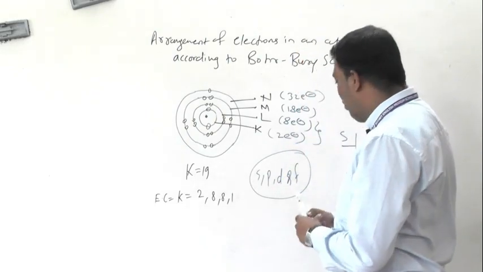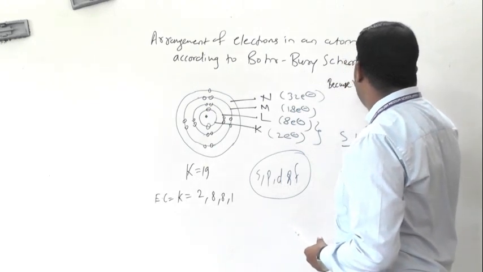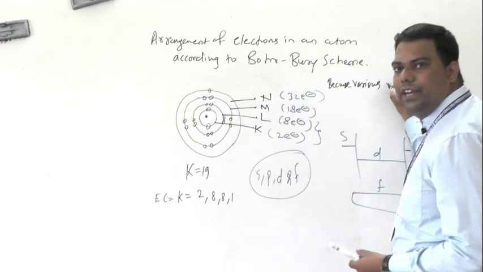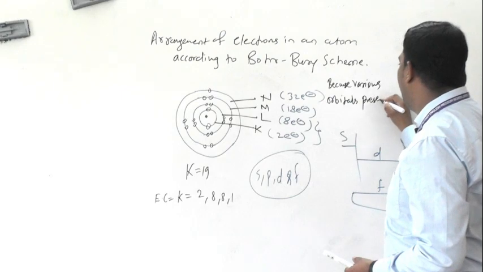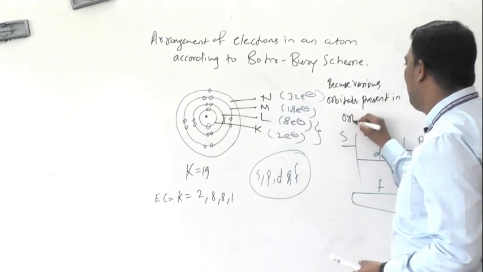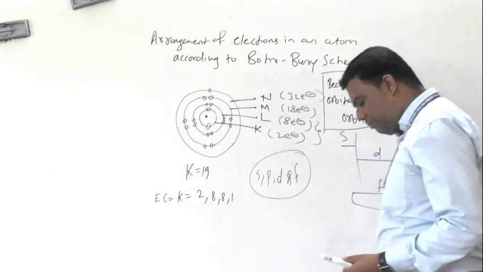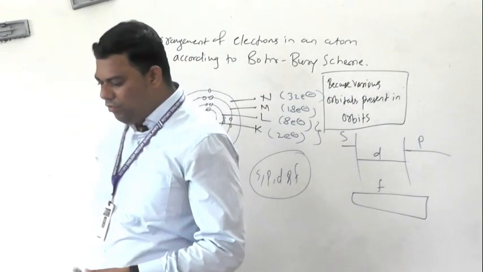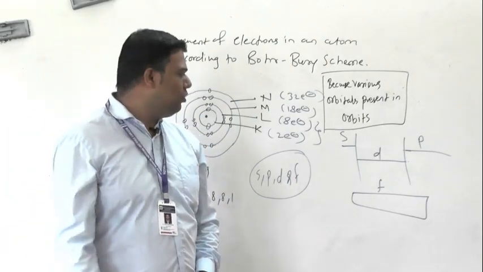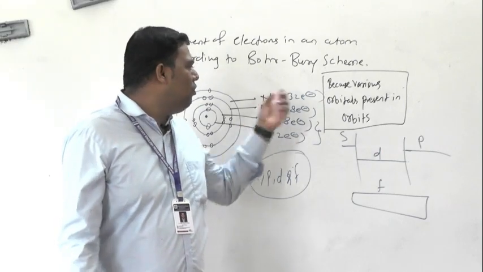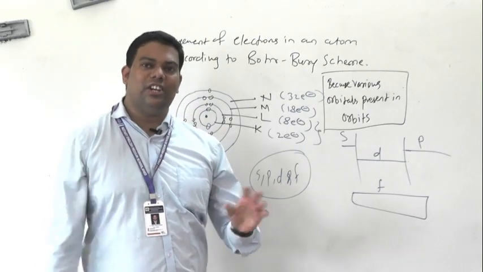It is one of the most important reasons. Whichever is the last electron goes into the fourth shell, even though the capacity of the third shell is not yet fulfilled.